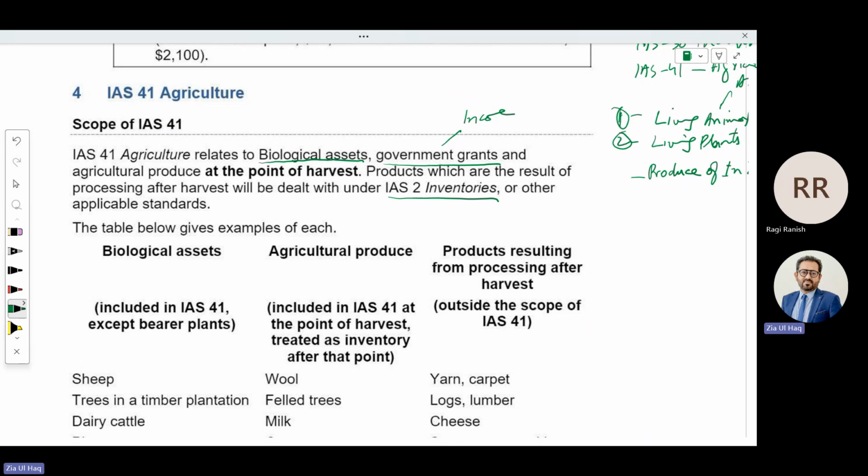Cows, goats, sheep are agriculture assets. They produce; hen is an agriculture asset. They produce eggs; milk is an agriculture asset. But if through milk you have made cheese, that is not an agriculture asset, that is inventory.